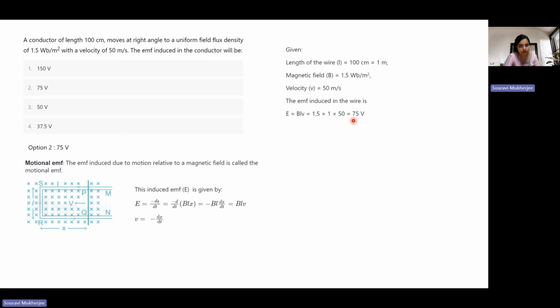It gives you the value of EMF induced in a wire. It's important to note that in this case, when we are moving this conductor, it's moving in a direction V which is perpendicular to the magnetic field.